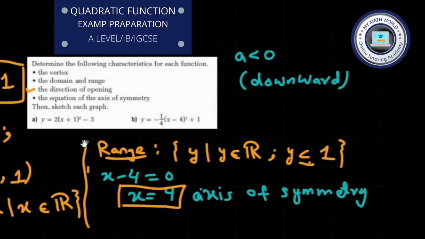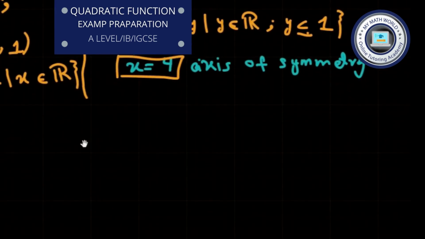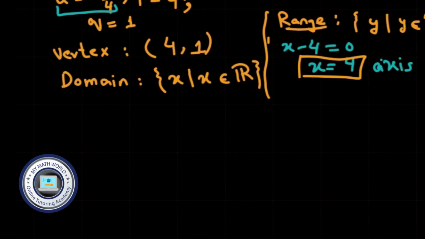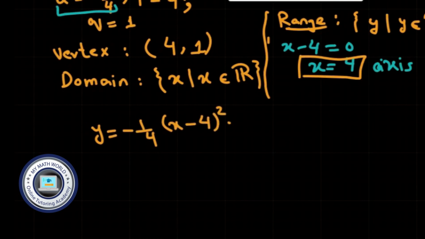We need more space, so let's do this. We have to write the equation one more time. So y is equal minus 1 over 4 times x minus 4 whole square plus 1. The graph would be on this side.